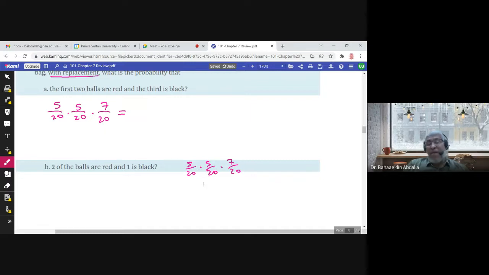And there is a third possibility in which the first is black and the second, the third are red. But all of these 3 possibilities have the same probability. 5 over 20 times 5 over 20 times 7 over 20, but the position will be changed. So instead of writing plus 3 times, I can multiply by 3, and this will give you the answer to the question.